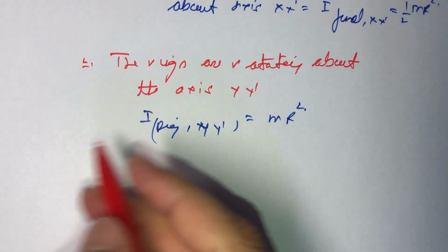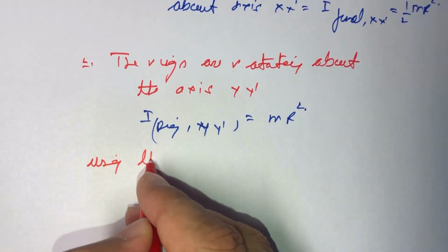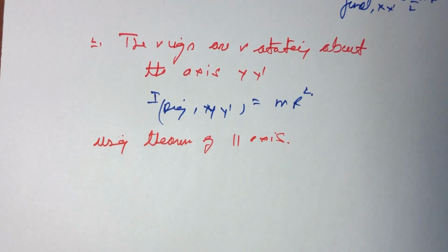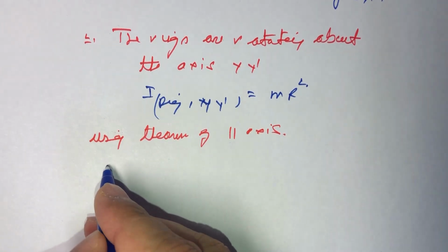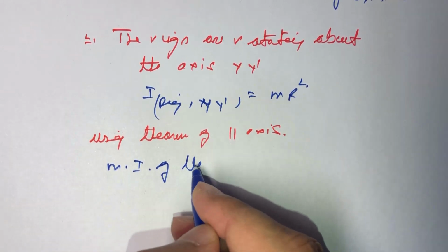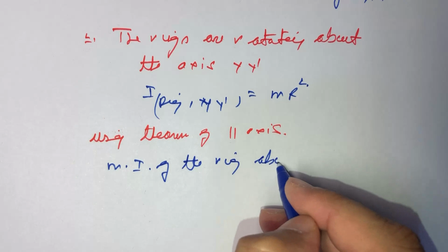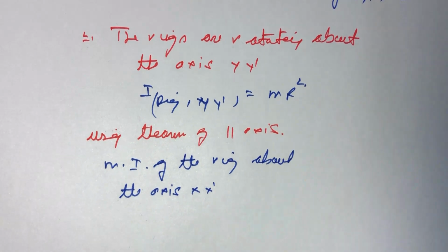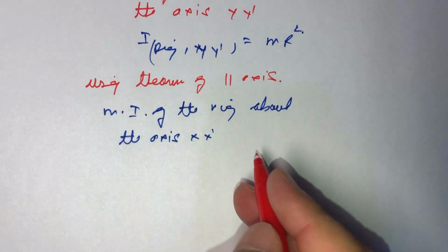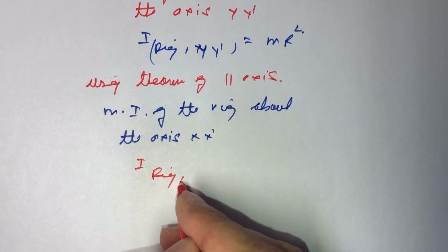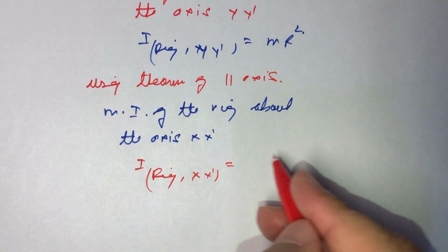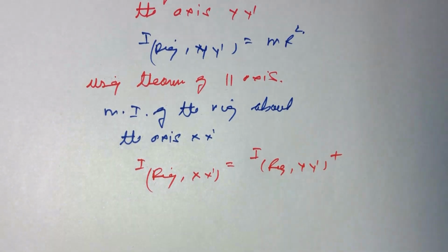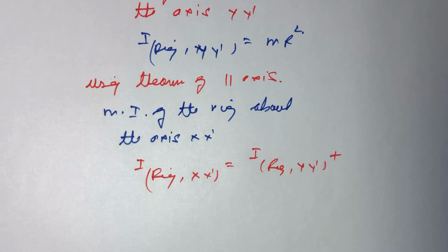Now using the theorem of parallel axis, the moment of inertia of the ring about the axis x prime is given as I ring x prime equal to the moment of inertia of the ring about the axis y prime plus the mass and the distance square.